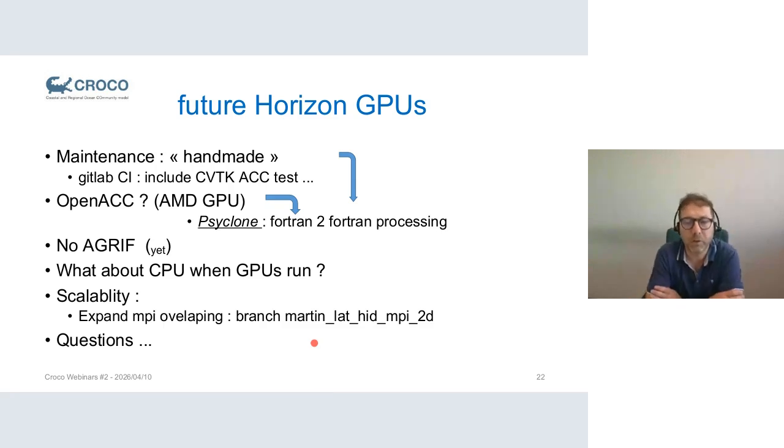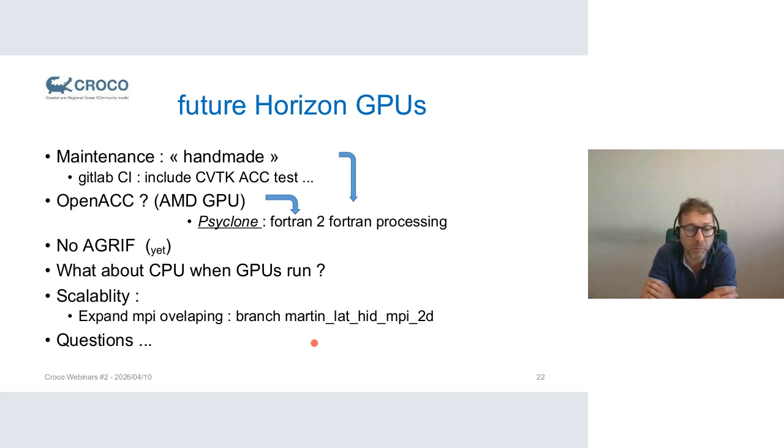And now, what about the future? The main problem with our development is that it's handmade development, and we have to include it in GitLab CI. The next problem will maybe be OpenACC.